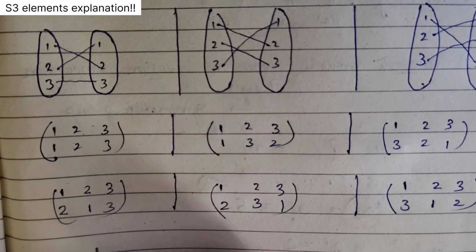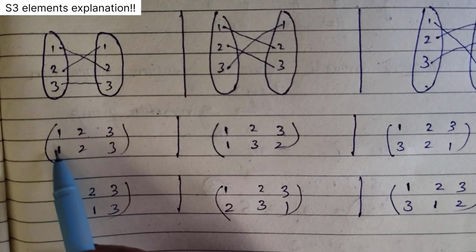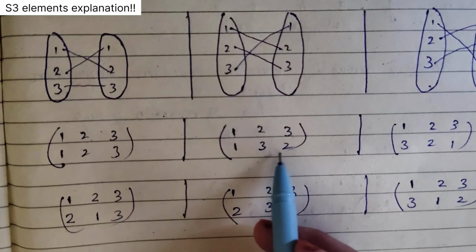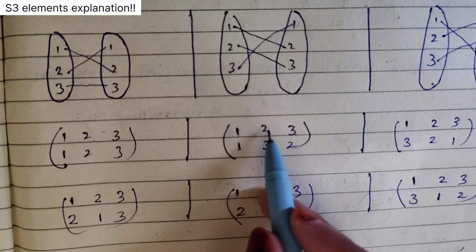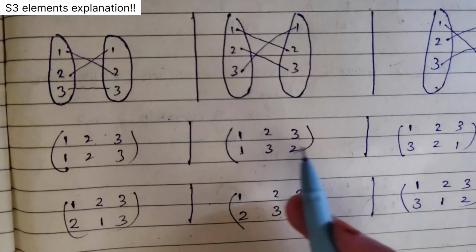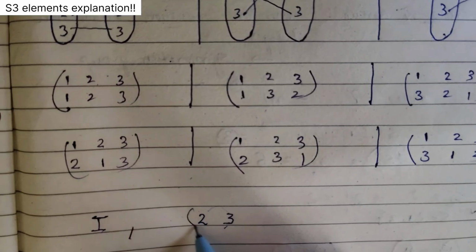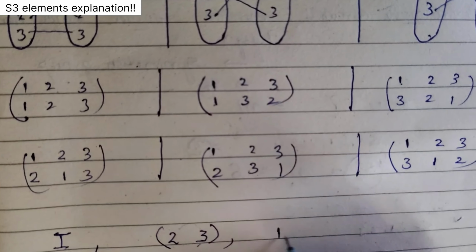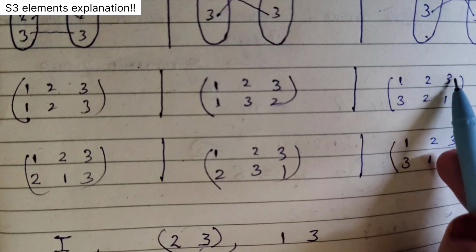Next we will write these permutations in the form of cycle notation, which is easier to understand and analyze. First is basically the identity. Next, 1 is mapped to 1, no need to write this. Second, we have 2 to 3 and 3 to 2, so that is the cyclic notation of the second. Next, 1 to 3, then 2 to 2, no need to write this, then 3 to 1.